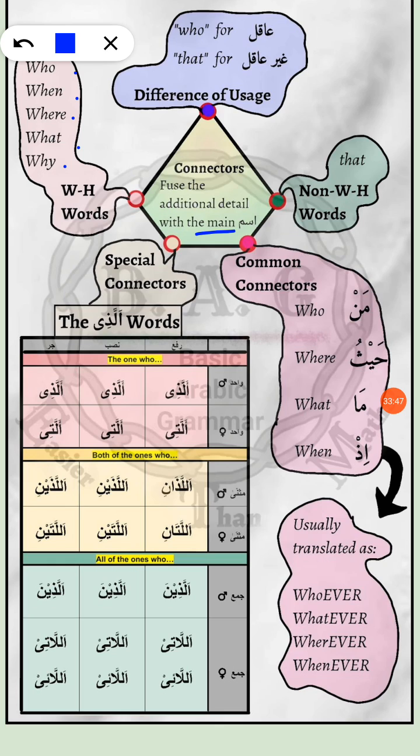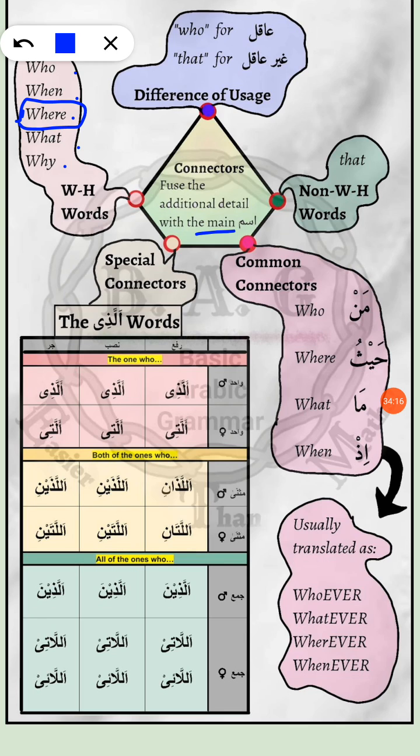All right, so for example, the place where it originates from is far away. Now the main piece of information is that the place is far away. All right, but the additional information that has been fused with this main information is where it originates from. All right, and the word that facilitated us with this fusion is where. Okay, so these are the connecting nouns.